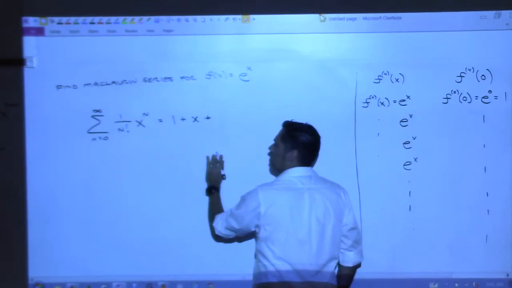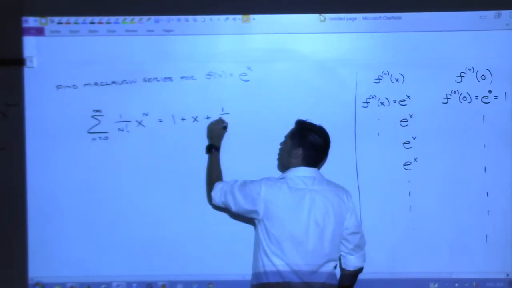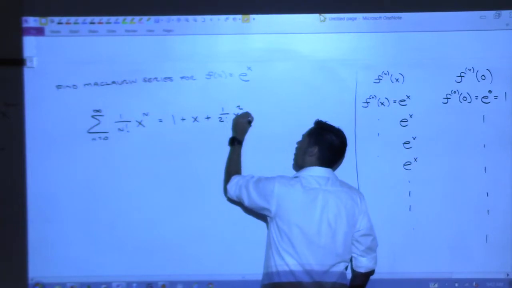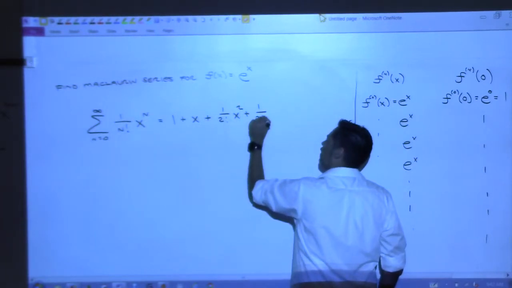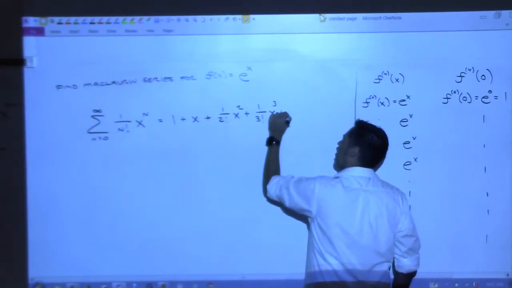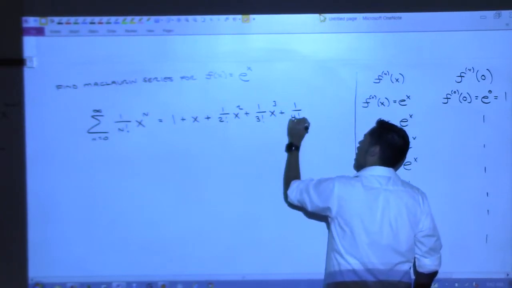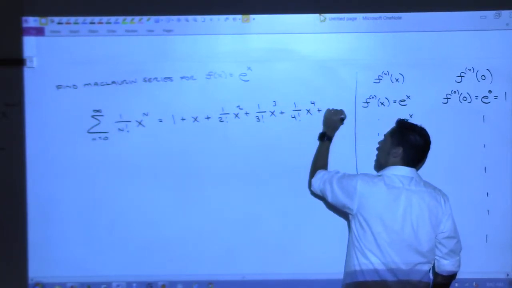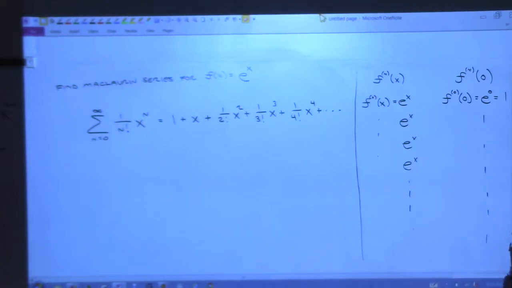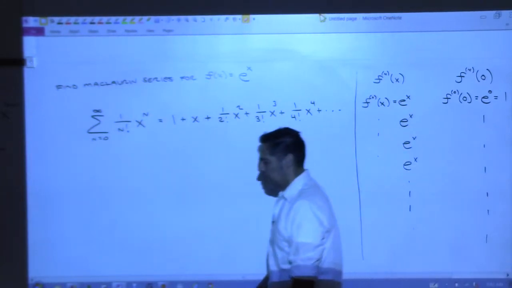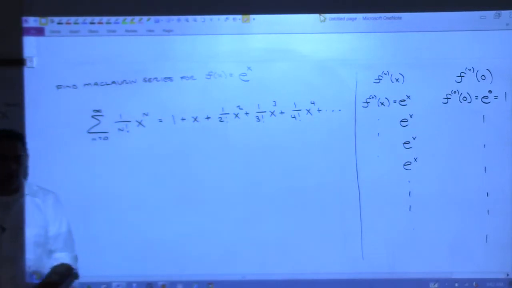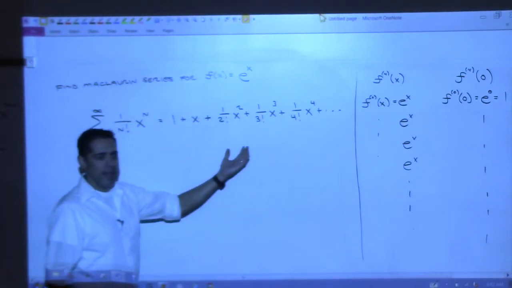Plus 1 over 2 factorial, x squared. Plus 1 over 3 factorial, x to the third. Plus 1 over 4 factorial, x to the fourth. Plus dot, dot, dot. Is this an even function or an odd function or neither? Neither, right? It contains both your odd and even powers of x.